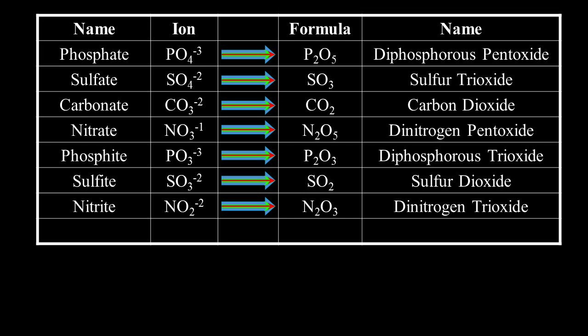And if I have sulfur trioxide in water, it's going to produce sulfuric acid. So that's how you know which acid anhydride becomes which acid. If you look at the chart, carbon dioxide becomes carbonic acid. Sulfur dioxide becomes sulfurous acid. P2O5, diphosphorus pentoxide, becomes phosphoric acid, etc.